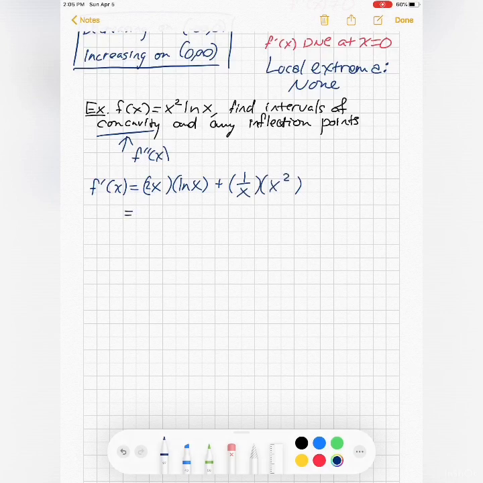I think we did one very similar to this. Maybe it was even the same one. Factor out the x if you like. Either way.